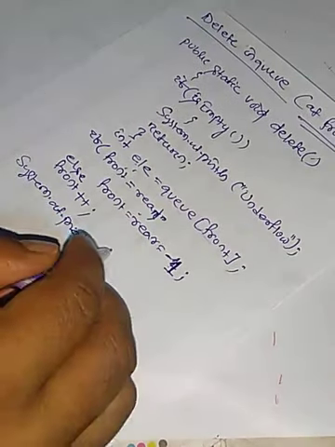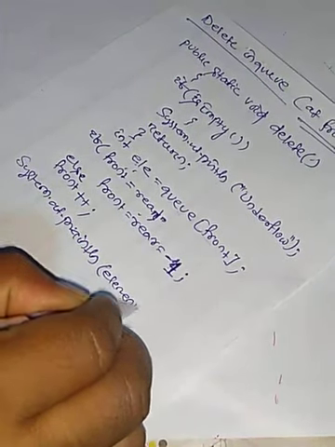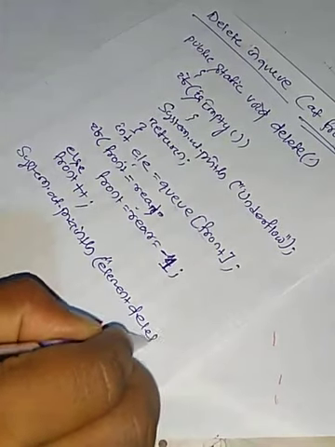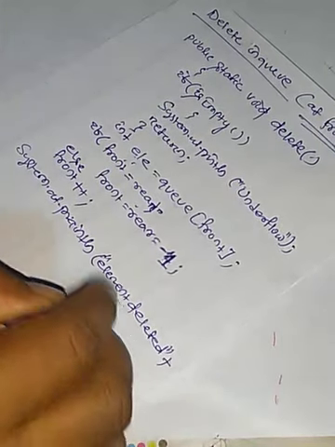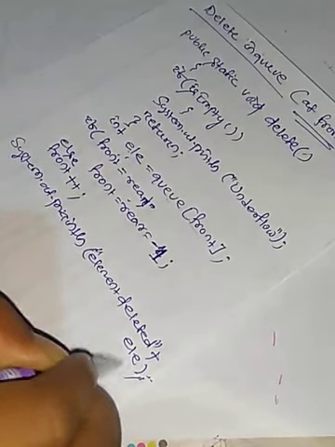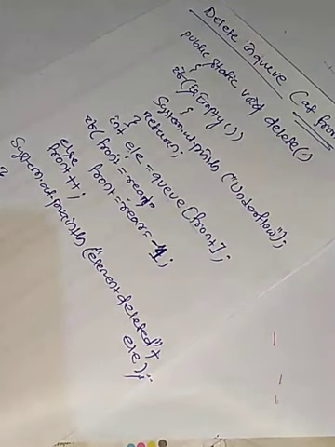System.out.println element deleted plus ELE, that means the item deleted is ELE, that will be displayed, and that is the end of the delete operation. So this is how we delete from a queue.